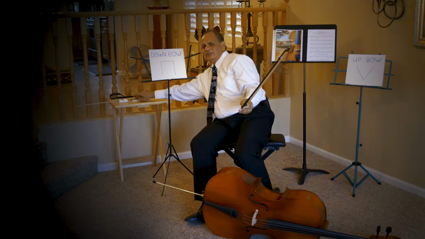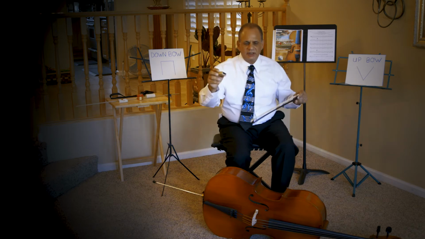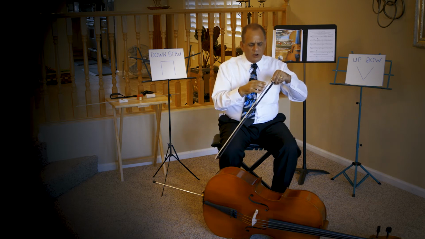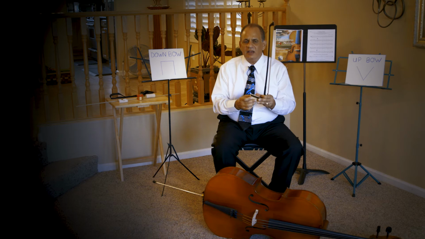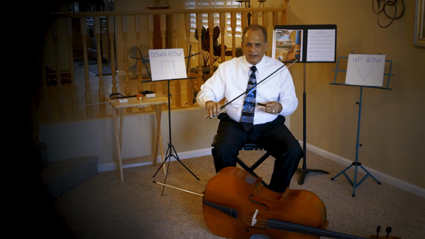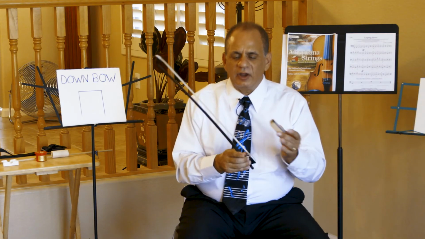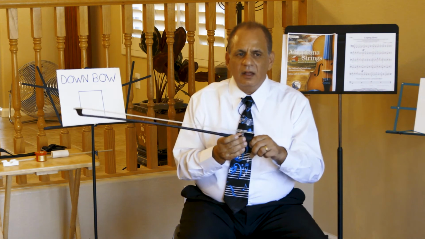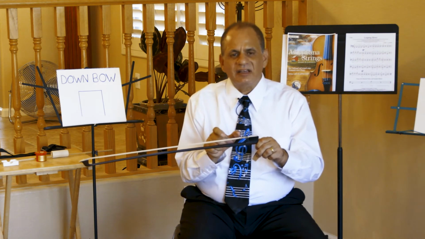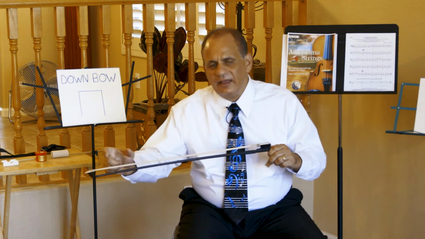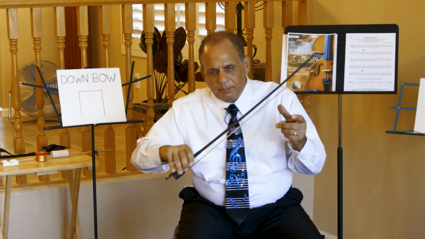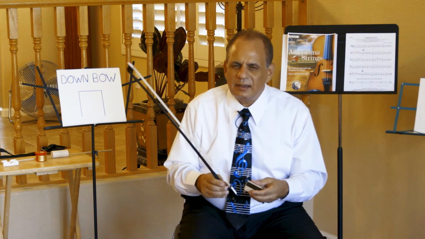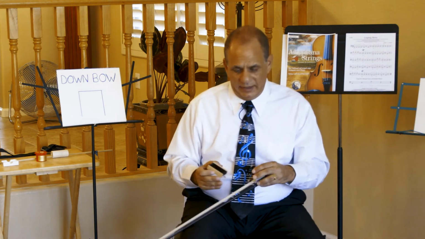Rosin is a sticky substance that, once you rub it across, makes the horsehair sticky so that it will grip the strings. If oils are on your hands, your bow will slip, and then it will grab, and it'll slip, and it'll grab, and it doesn't make for fun playing.